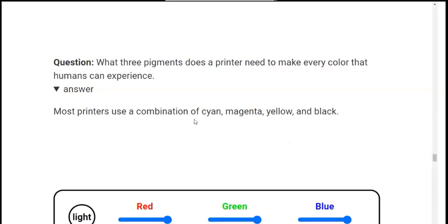Most printers use a combination of cyan, magenta, yellow and black. It means a printer consists of subtractive colors and a TV screen consists of additive colors.